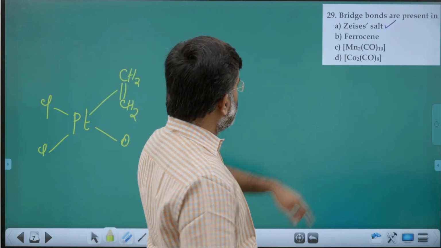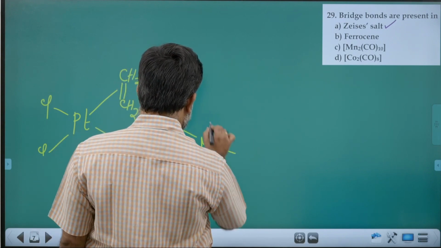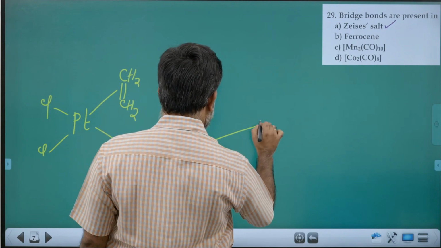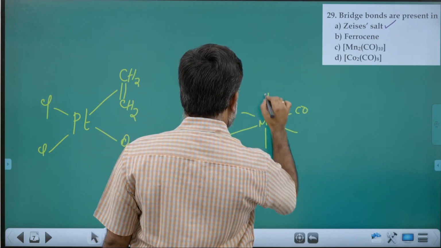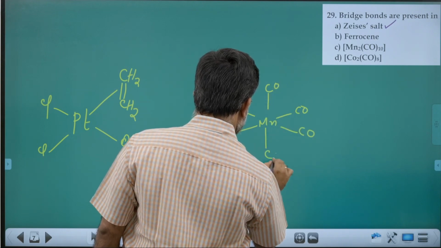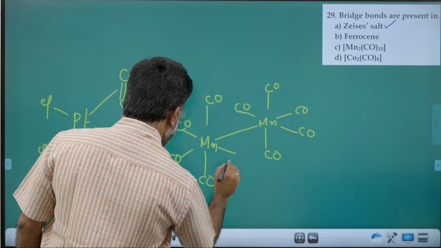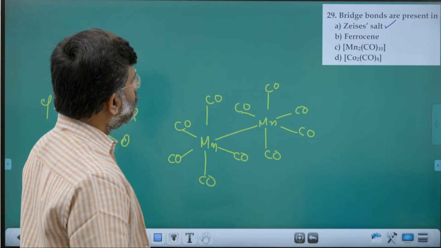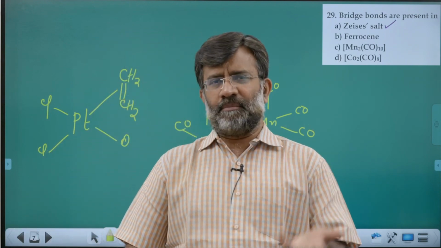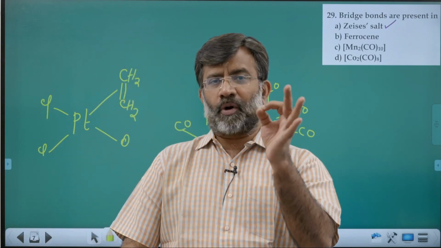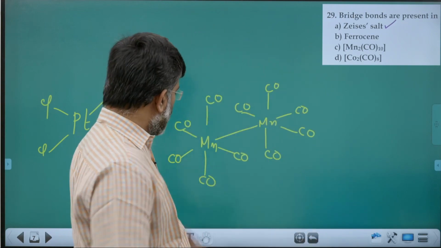What about Mn2(CO)10? This is Mn2(CO)10. In some configurations, it can have a bridging bond, but usually not. They carry different configurations. But the most important example commented in the textbook, I am sure all of you know, is the last one, and that is the answer.